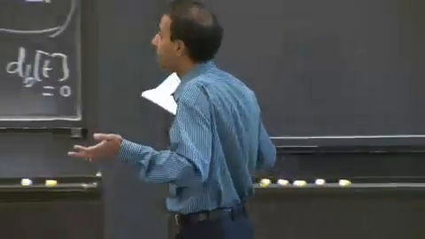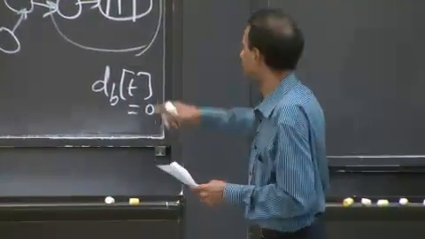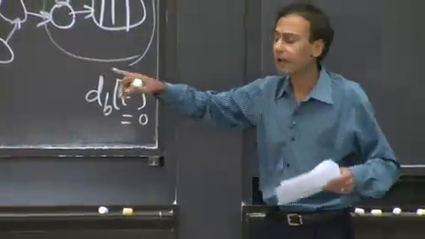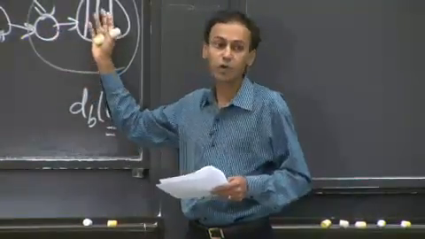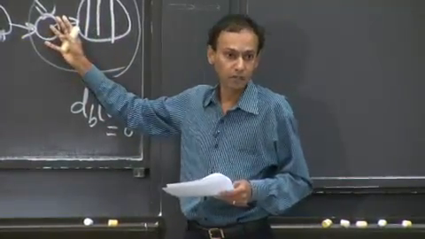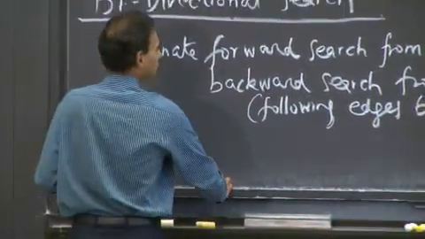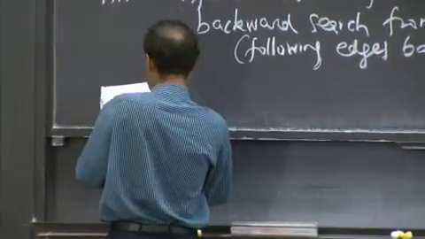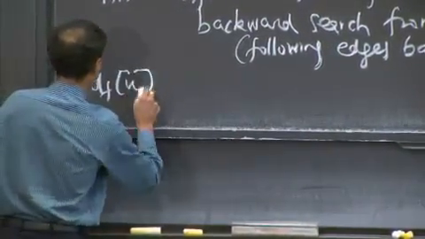And as I said before, these edges have to be traversable in the backwards direction. So this edge in the graph goes this way, but you're going in the backwards direction as you're growing your backwards frontier. That's important to understand. So let me put down all of the specifics associated with these data structures.